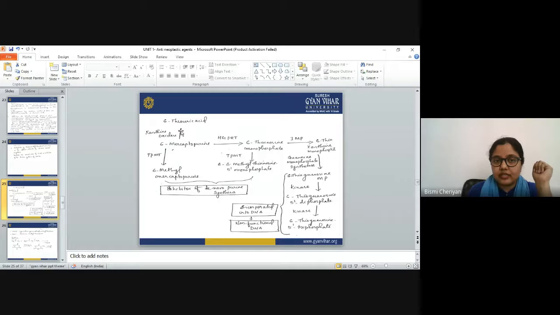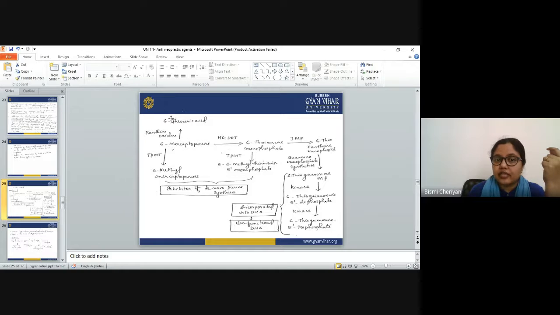First method is this. 6-mercaptopurine is converted into 6-thiouric acid in the presence of xanthine oxidase enzyme. So this is the first way to metabolize this drug. That is the hydroxylation.